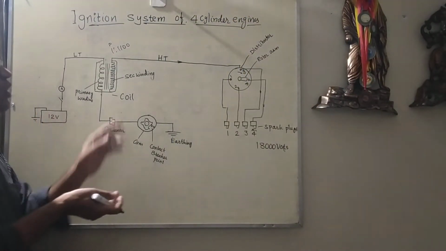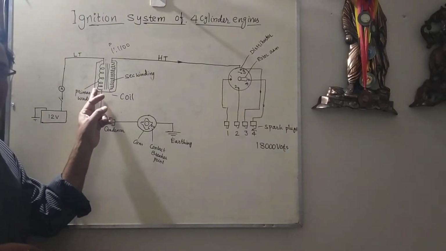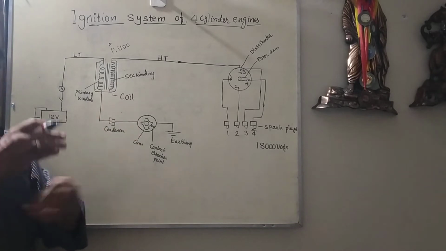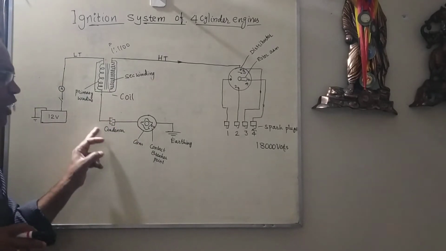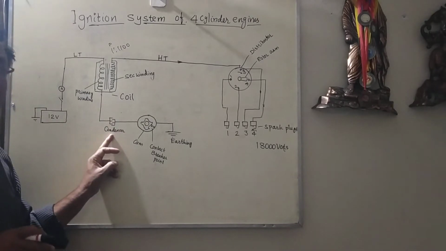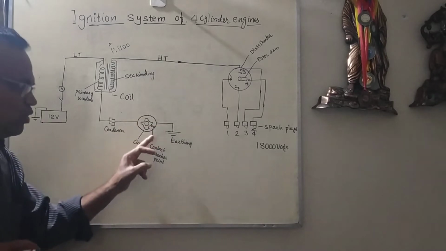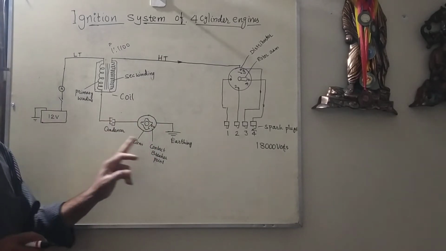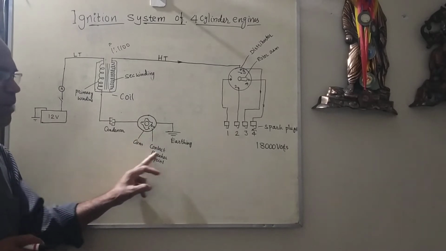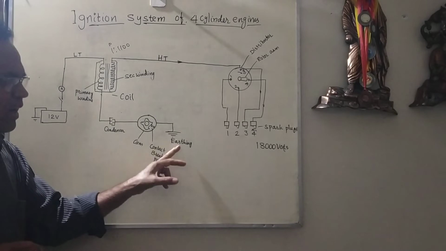In the ignition coil, there is a soft iron core, and both the primary winding and the secondary winding are wound around the mild steel bar. The other end is connected to a condenser, also called a capacitor. Next it is connected to the camshaft housing. There is a cam and a contact breaker point, the CB points, which make and break the circuit. The other end is earthed.